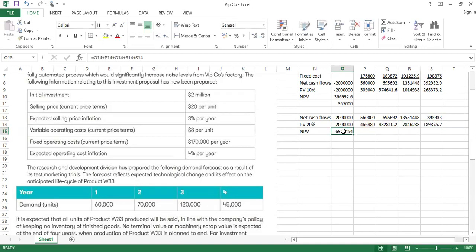I think there is something wrong with this calculation. 2 million is negative. Let me check once again.